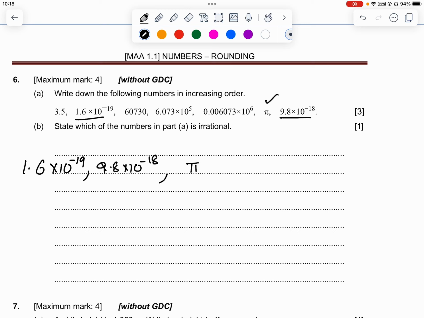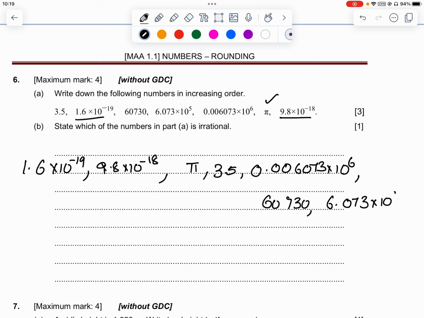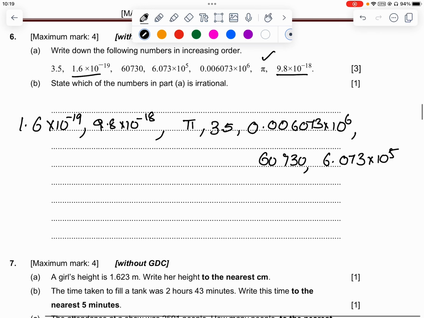Then all are 10 power 6 and 10 power 5. Then it's going to be 3.5, then 0.006073 times 10 power 6, then 60730, then 6.073 times 10 power 5. Next, state which of the numbers in part A is irrational. So pi is irrational.